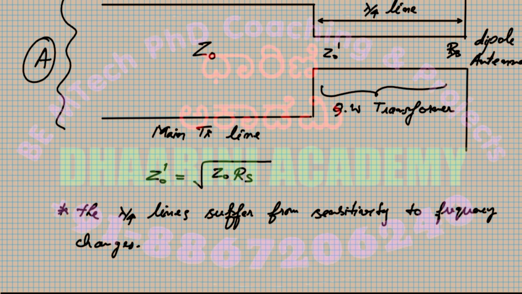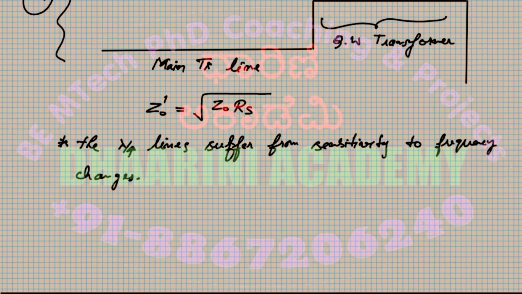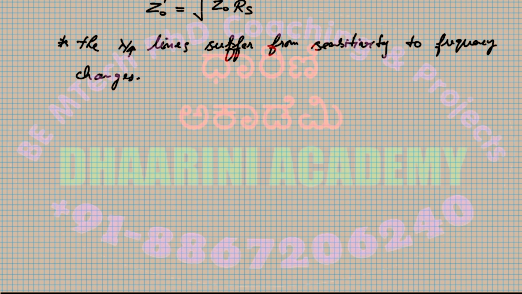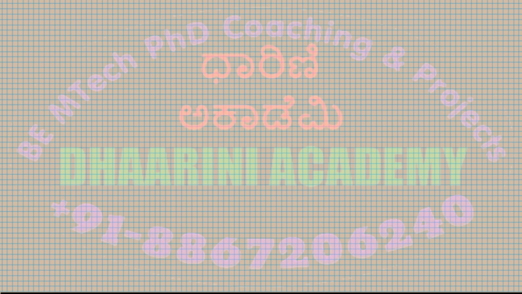So whenever you change the frequency, we have some issues. Anyway, we don't have to discuss further, we understood. So we have a solution, that is using multiple stages of lambda by 4. We discussed the solution as well. As of now, that solution is not required for us.